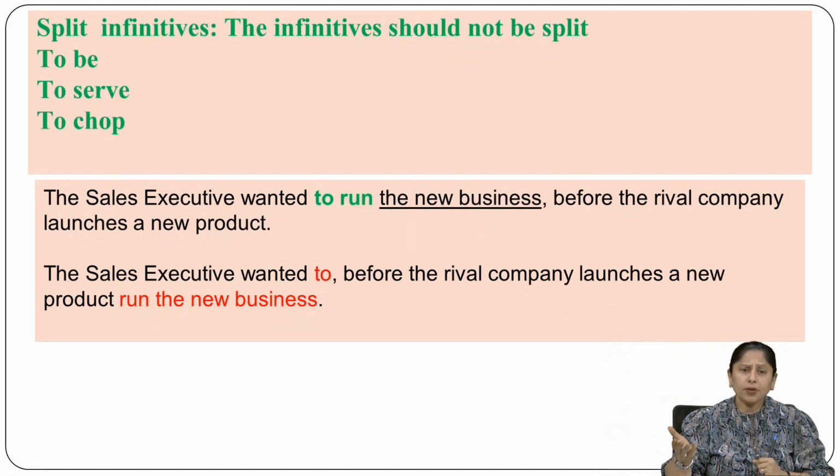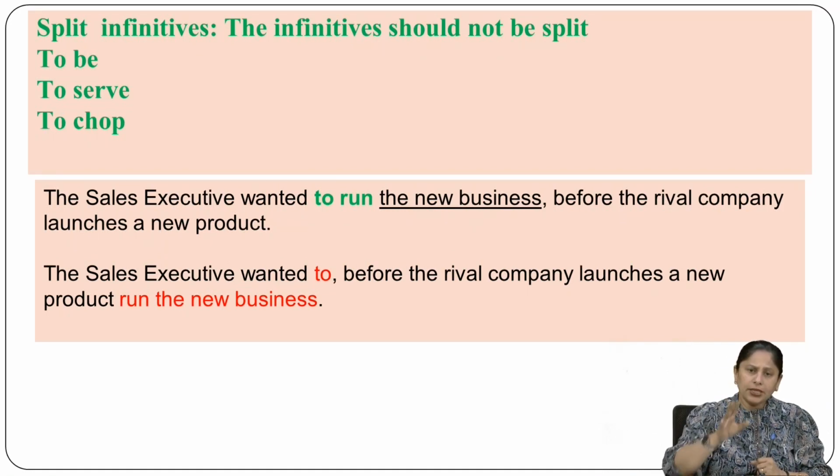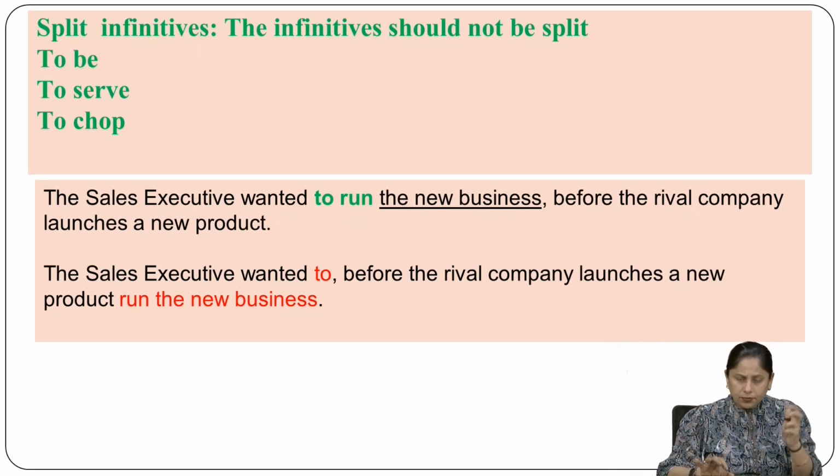A very simple and straightforward sentence, and it sounds very true because the person wanted to develop the business and the rival company is going to launch the new product. So the person who is doing business wants to start the new business soon. He is very competitive. So it is true also. Logically and reasonably as well as grammatically, the sentence is true.